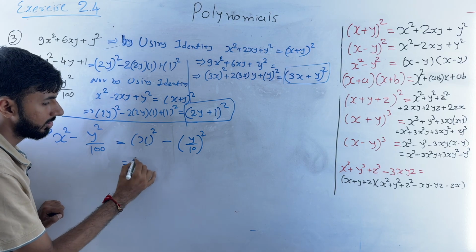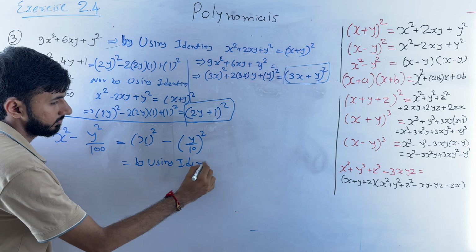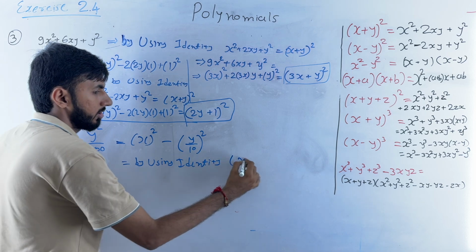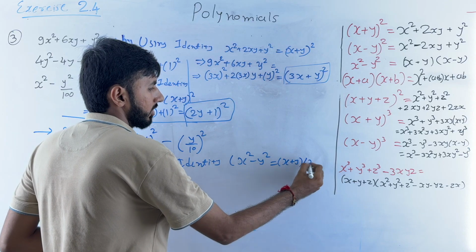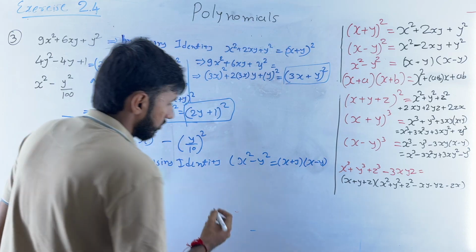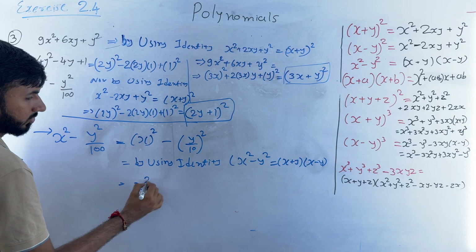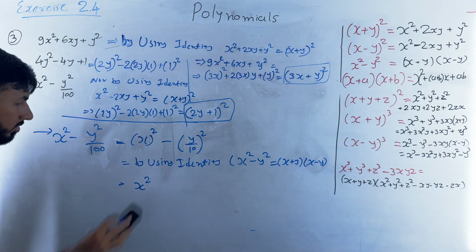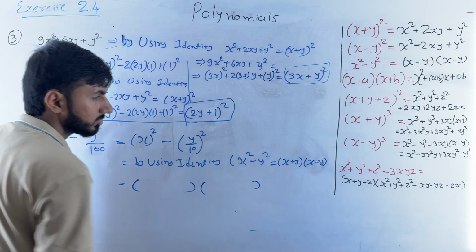Now you can use the identity. So by using the identity, x square minus y square is equal to x plus y in bracket x minus y. Your answer will be two brackets, x plus y and x minus y.